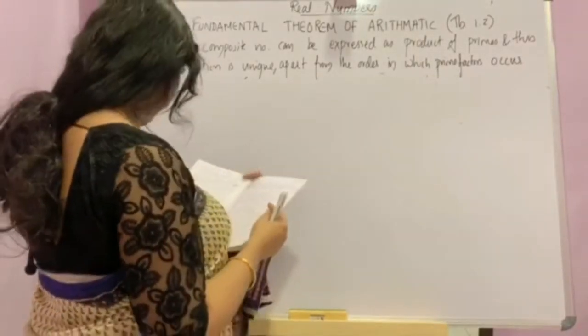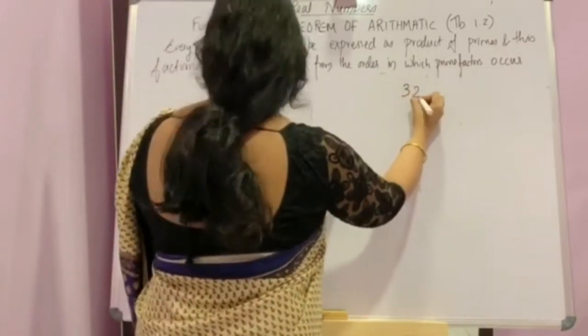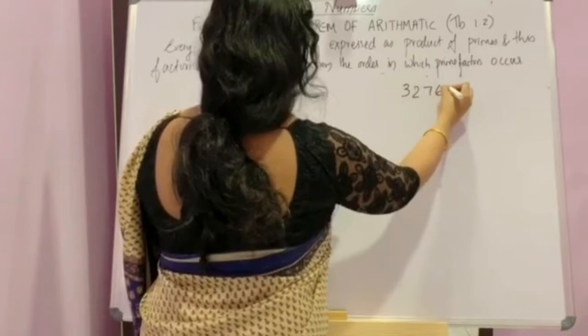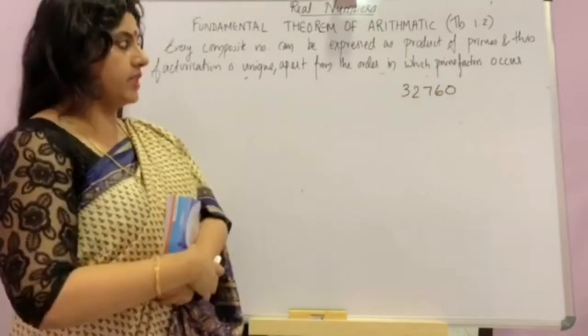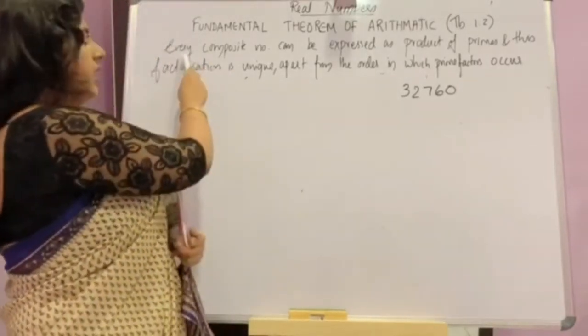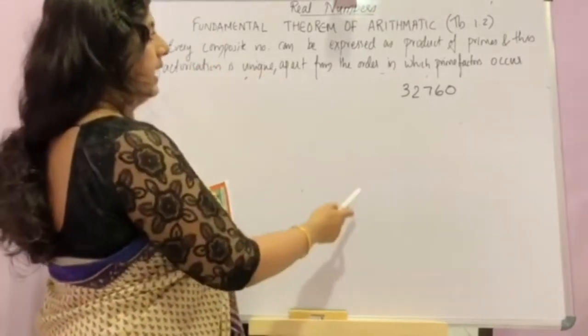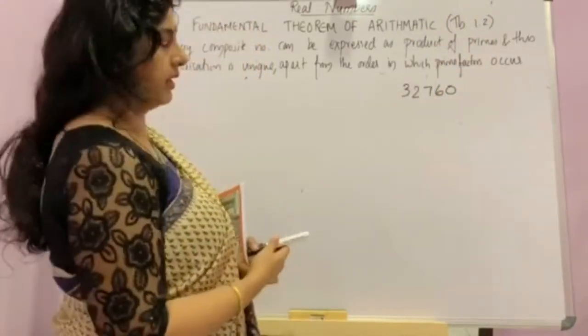We can find the factors of 32760. Now 32760 is a composite number. Here we want to show that it can be expressed as a product of primes. Let us check.